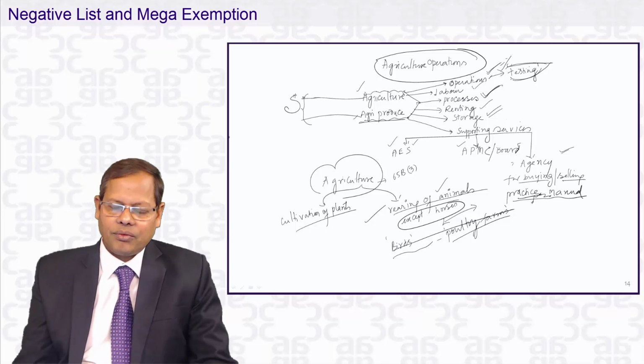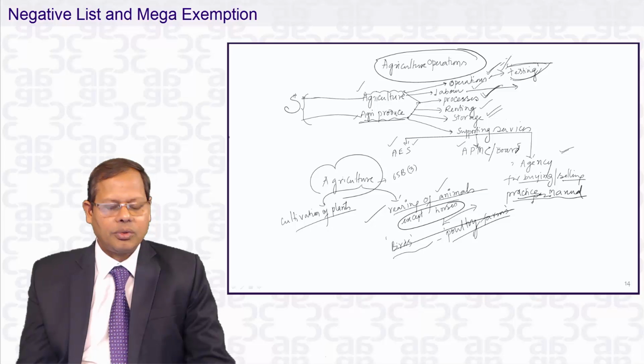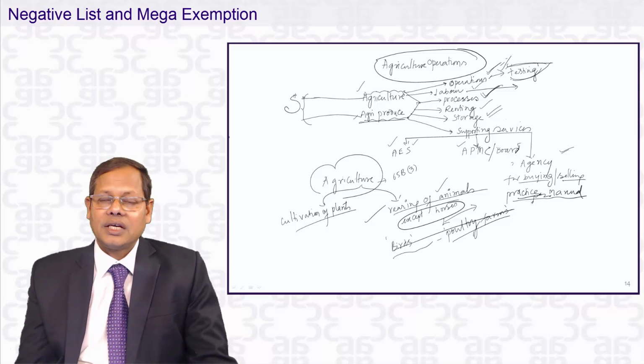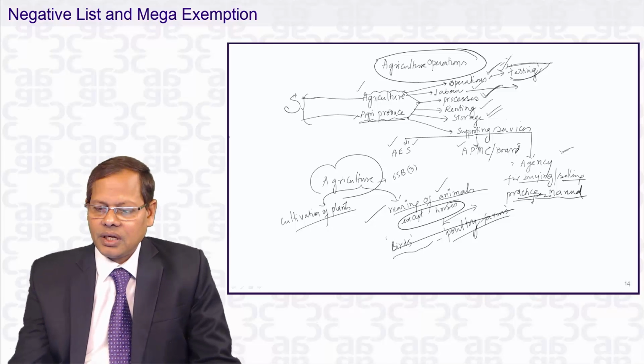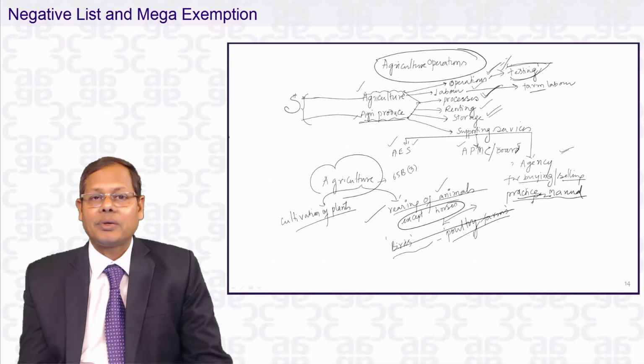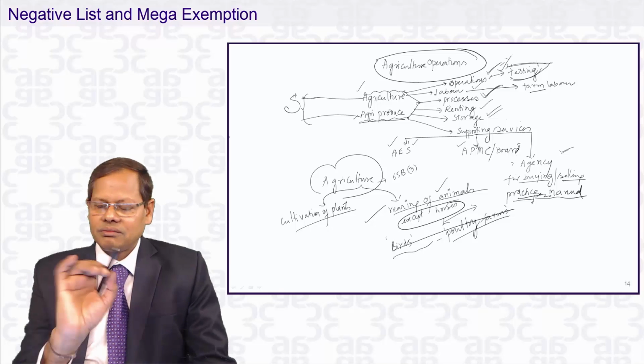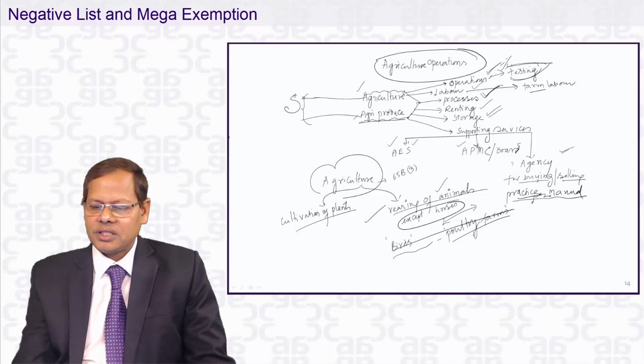And labor, what type of labor? Second one, what type of labor are they talking about? They are talking about supply of farm labor. It should be farm labor. Services relating to supply: somebody provides labor as a contractor, and he charges some amount. It is in the negative list because it's farm labor.